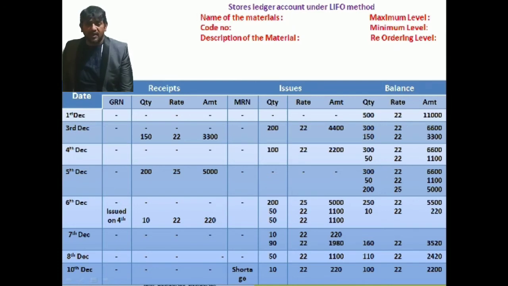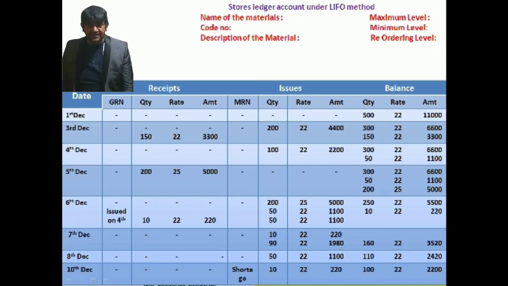So out of the balance on 6th December, since we follow last in first out, 10 units should be issued first. 10 units at rupees 22 each, 220 rupees, and left out 250 units, out of which I am taking 90 units. So 90 units at rupees 22 each, 1980 rupees. So balance quantity 160 units and rate 22 rupees, 3520 rupees is the value.